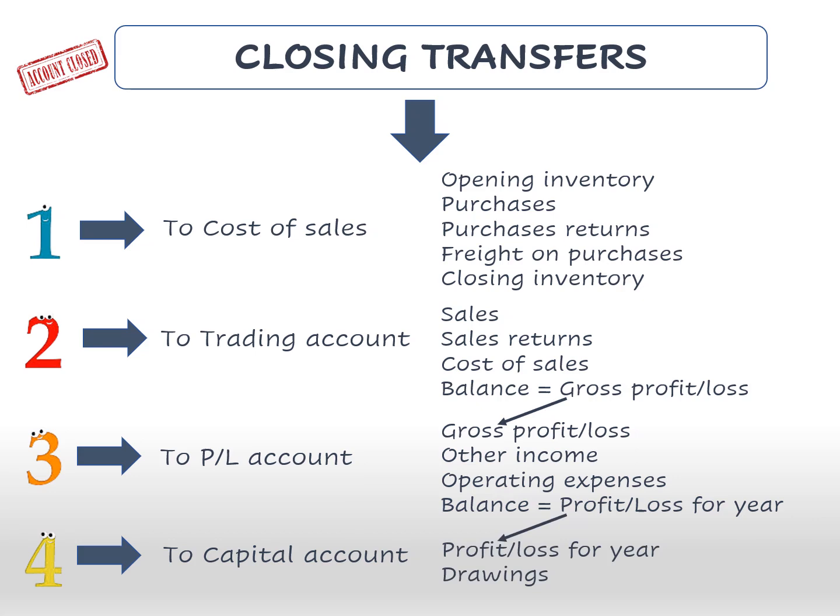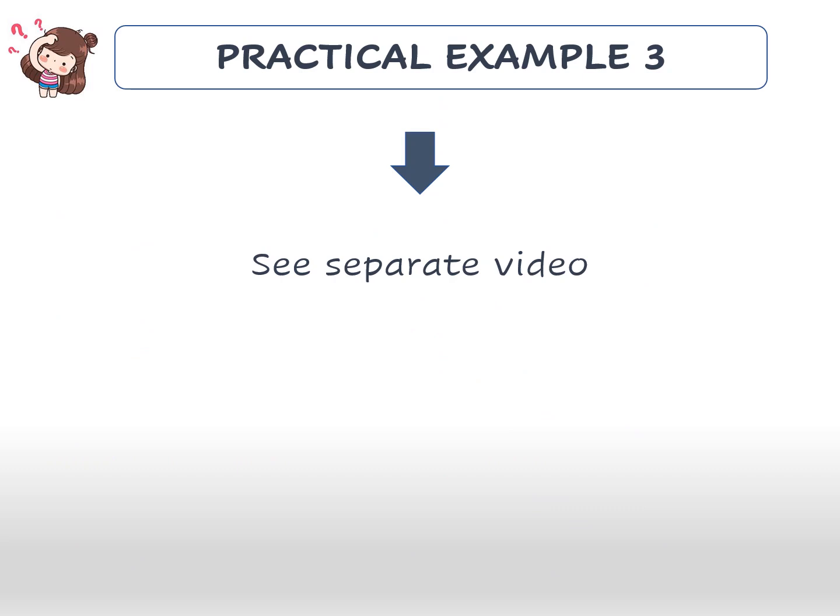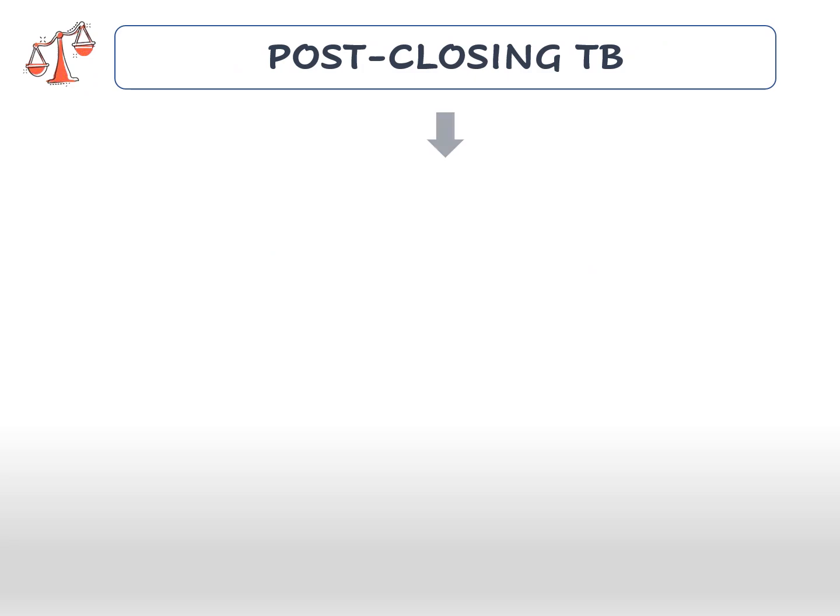So once the closing transfers are done, the trading account and the profit and loss account are also 0. And then the last account that is also transferred to the capital account, in other words, it is closed off, so the balance will be 0, is the drawings account. Practical example 3 looks at closing transfers. That will be explained in a separate video.